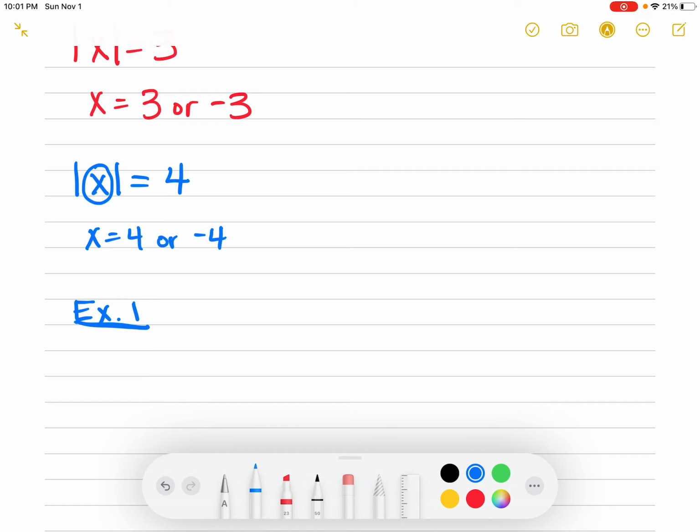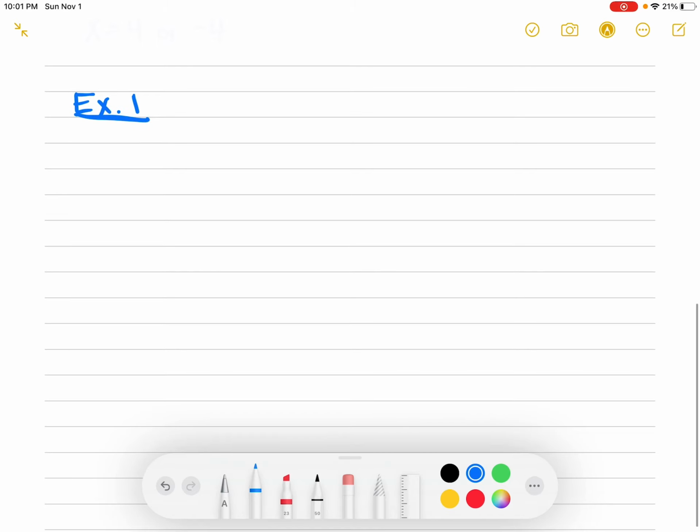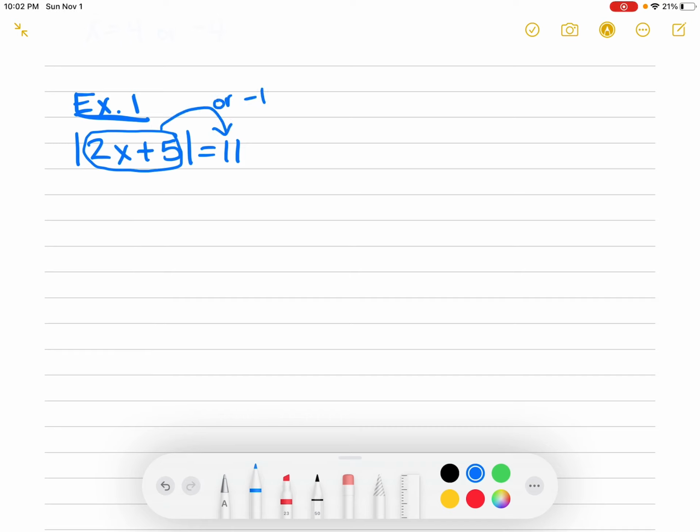So example 1 is going to be the absolute value of 2x plus 5 equals 11. Okay, so I want this whole thing right here to either equal 11 or it can equal -11, because once I do the problem, the absolute value would give me a positive number, right?